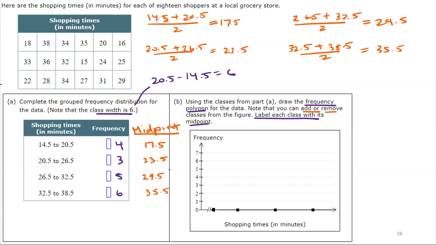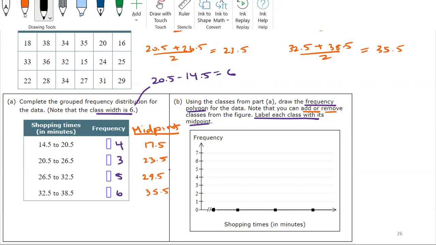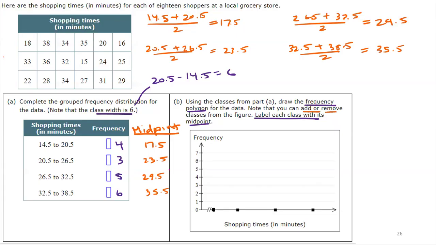Okay, so then I'm going to write down what we just figured out. So this would be 17.5. Then we have 23.5. Then we have 29.5 and 35.5. So this is representing the horizontal axis, or the x-axis is representing the midpoint.